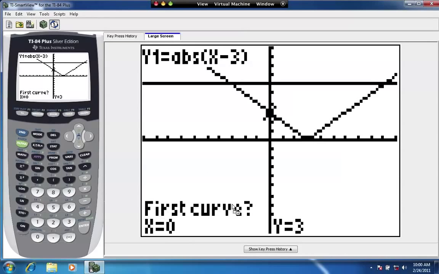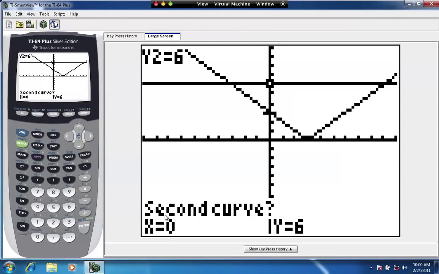The question at the bottom of the screen asks you to basically identify what the first curve is. Now, the word curve is a little misleading because ours is an absolute value function that we're currently flashing the cursor on. So it really should be like the first function. What's the first function? We can say enter, meaning that the first function can be the absolute value function.